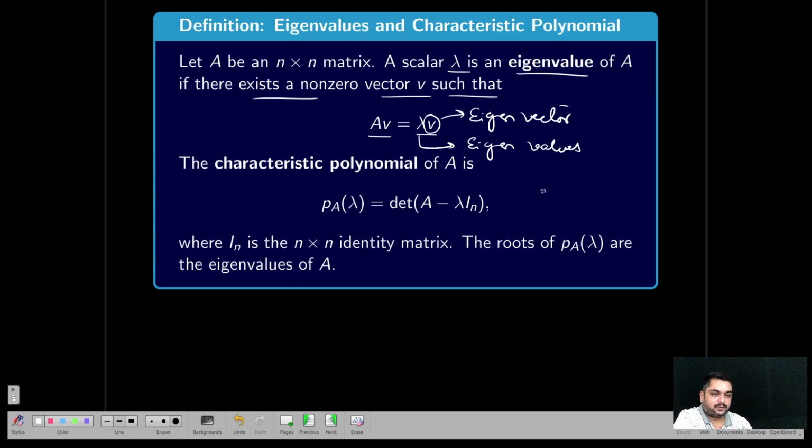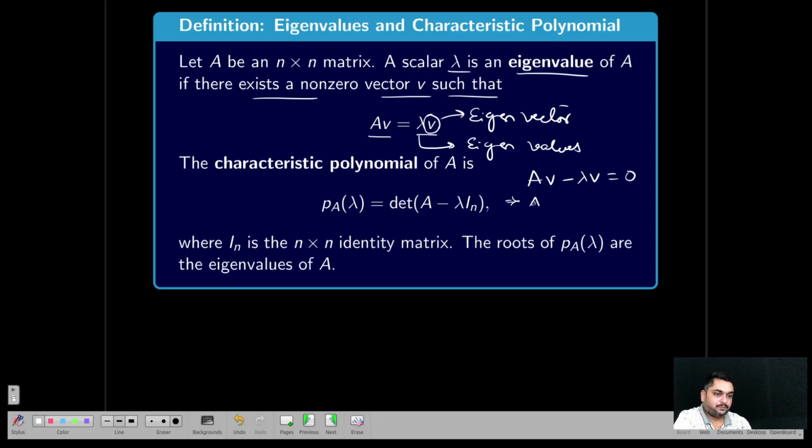Now how to find it? Finding it is simple. First you have to find the characteristic polynomial. That means you find a polynomial equation using your eigenvalues and then find the roots of that polynomial equation. So A v, matrix A applied over vector v, equals lambda v. I will take lambda v to the other side, so A v minus lambda v equals 0.